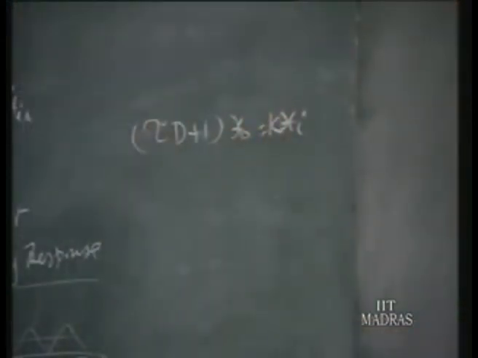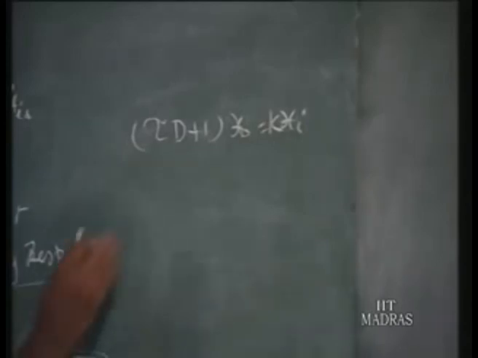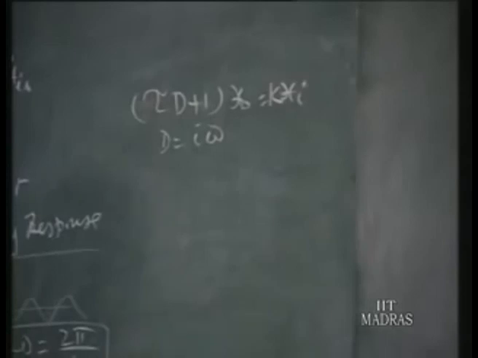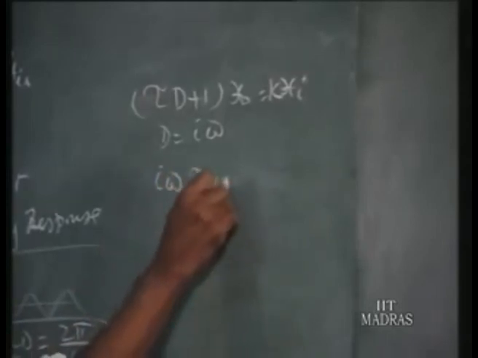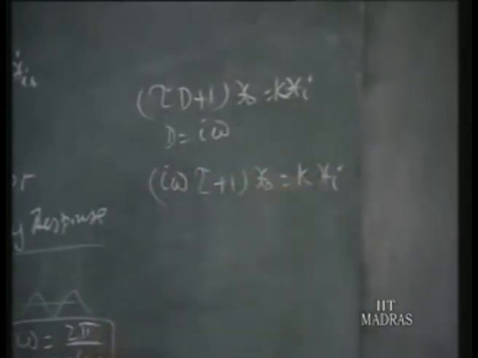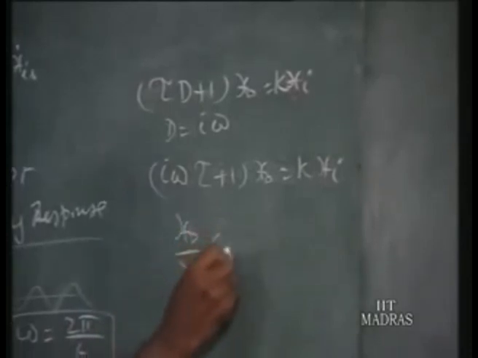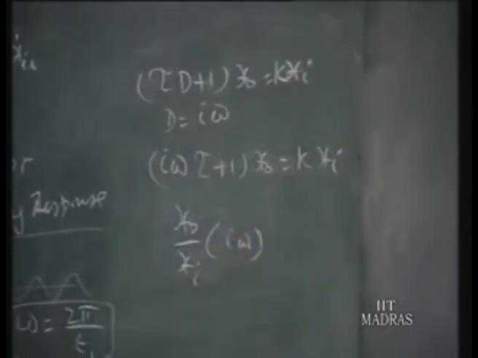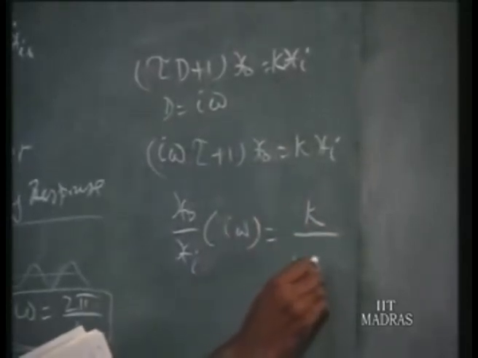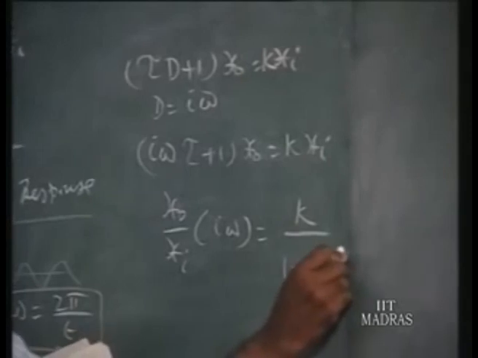Now the one standard procedure is to write D equal to i omega, then (i omega tau plus 1) xo equals k times xi, and then writing xo by xi in terms of i omega, this equals k by (1 plus i omega tau).